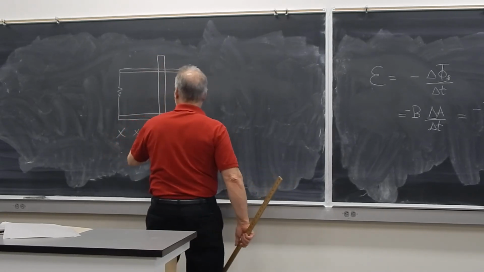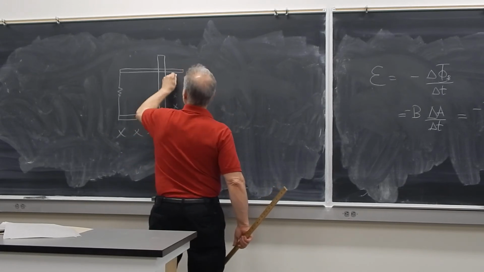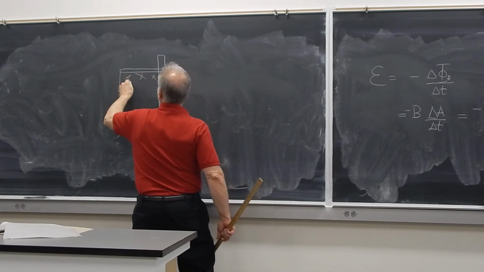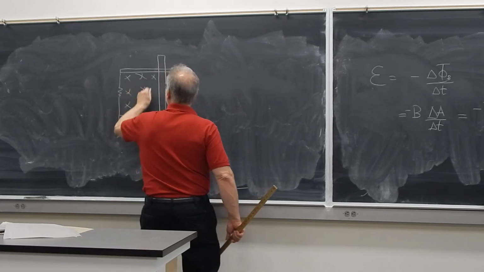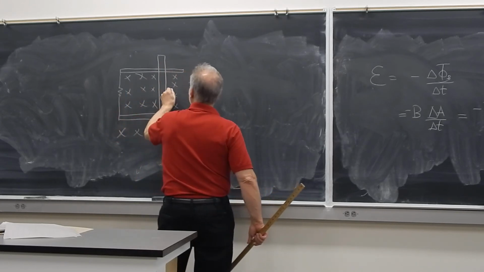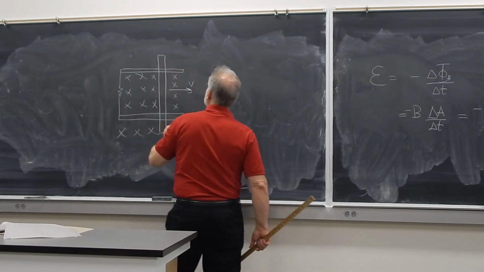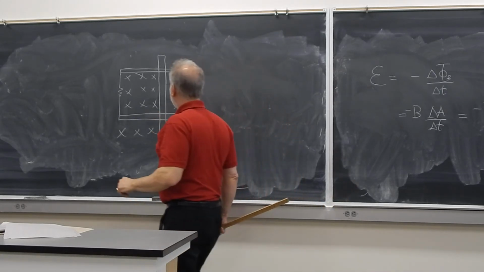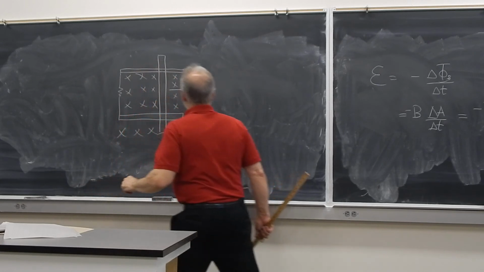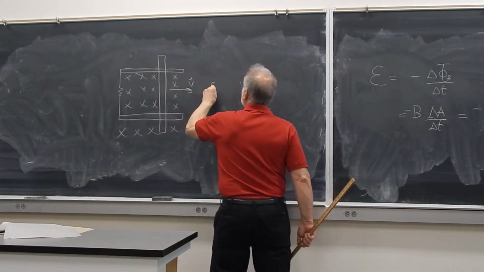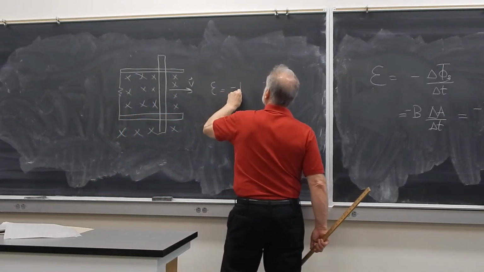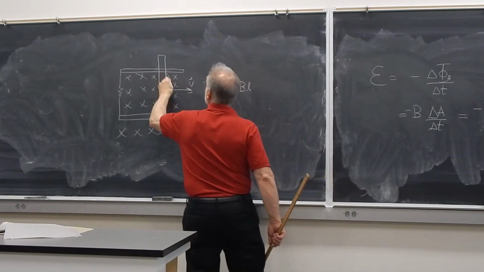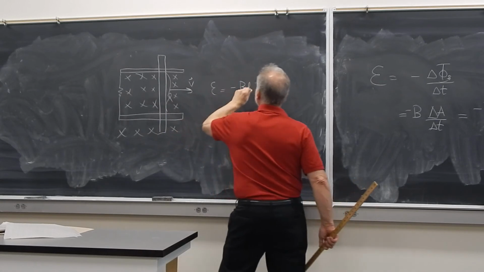We have a magnetic field going into the board. And let's say we move this guy with a velocity v to the right. And this is some length, call that L.